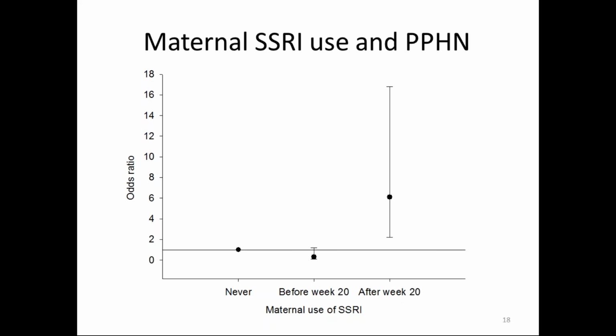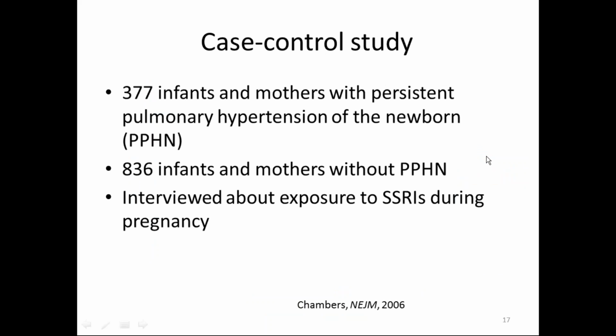One of the limitations of a case control study, though, is that it doesn't really tell you about incidence, right? The proportion of participants in the study with PPHN is really high. This is not the proportion of babies with PPHN.